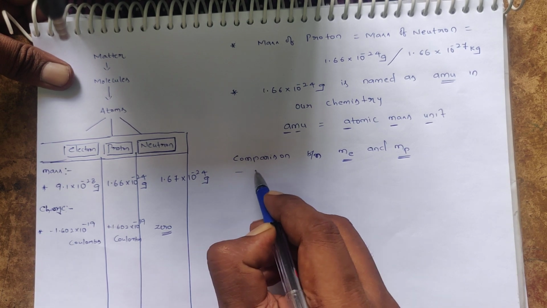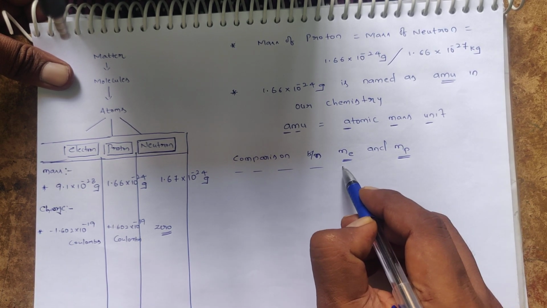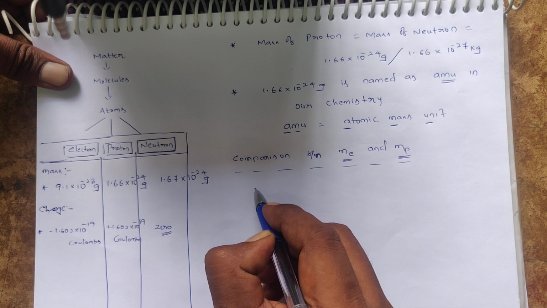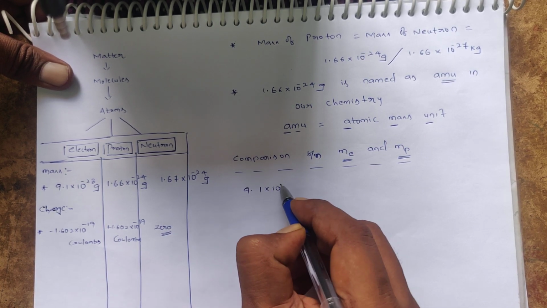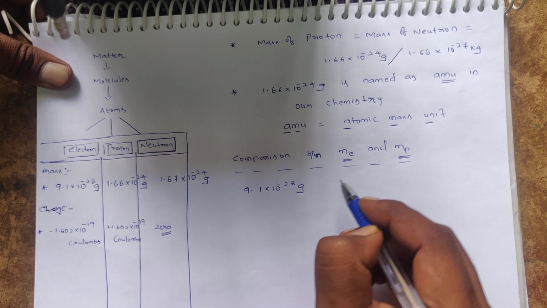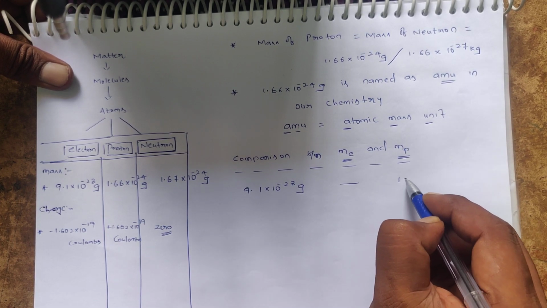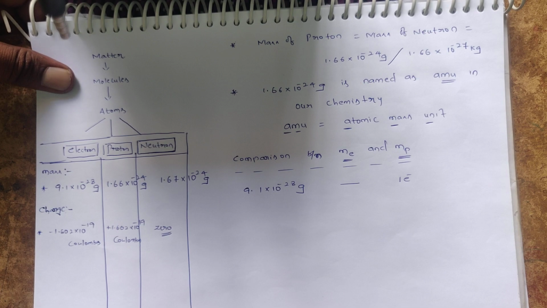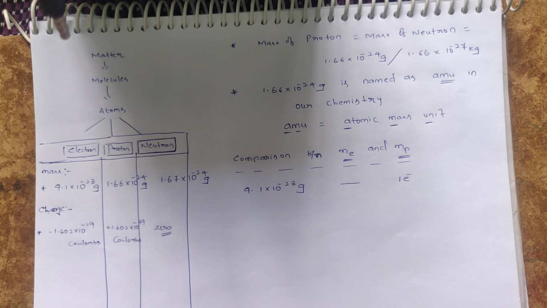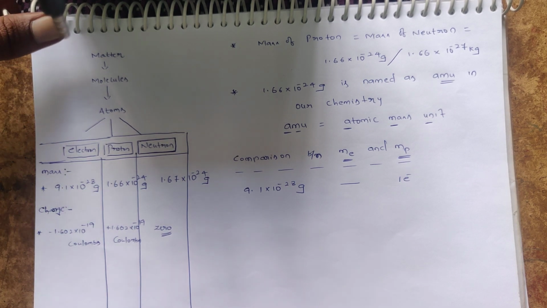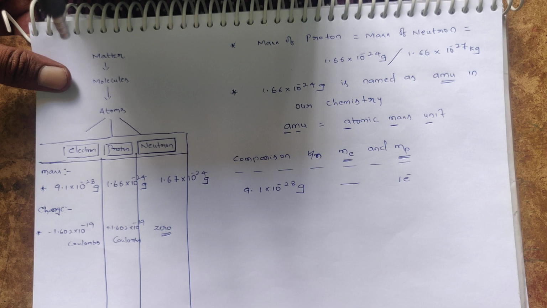We know that 9.1 into 10 power minus 28 grams, how many electrons are present? 1 electron. Means 9.1 into 10 power minus 28 grams is equal to 1 electron. Then what is the mass of either proton or neutron? 1.66 into 10 power minus 24 grams.